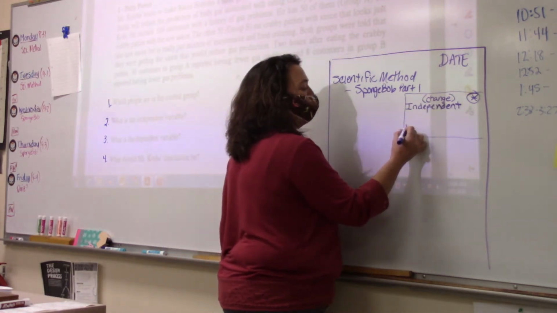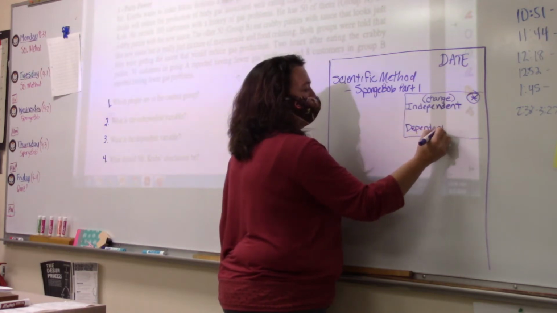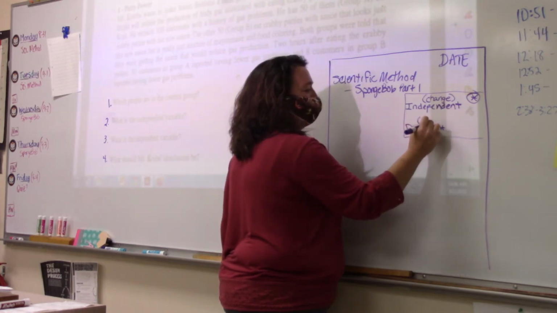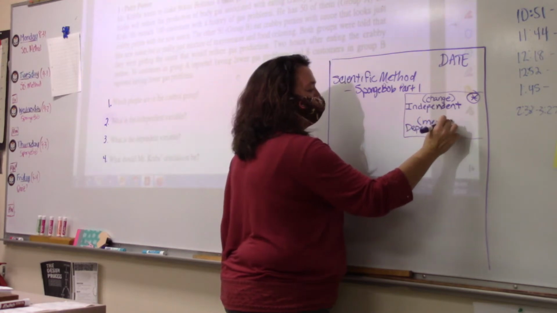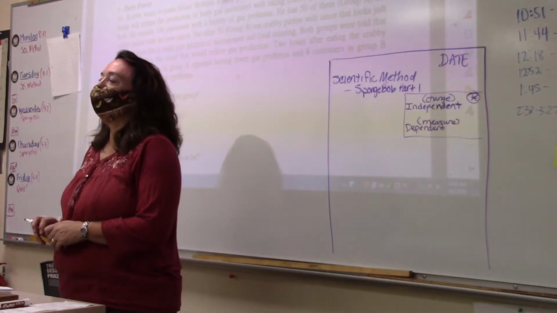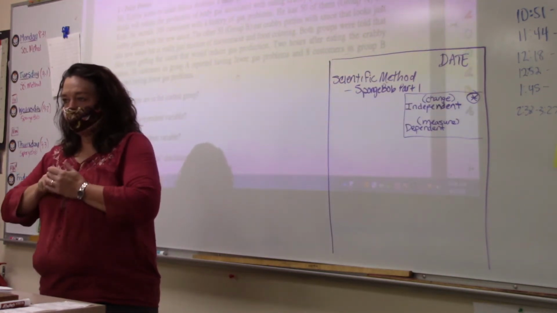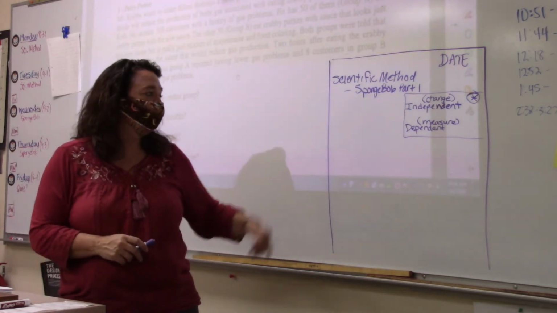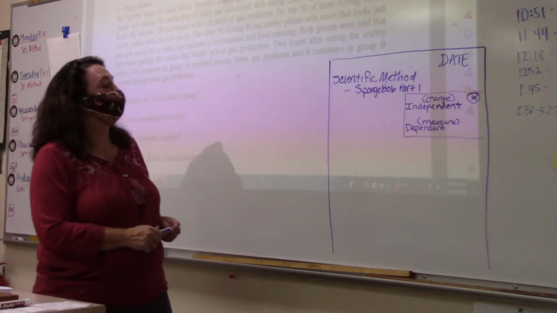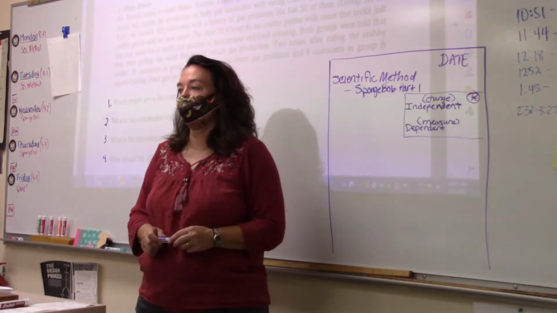Skip a line and write dependent. And that's what's being measured. What is the measure? I mean, what are we looking for as the change, as we're affected by the change? So these little clues in parentheses help you remember which one's which.